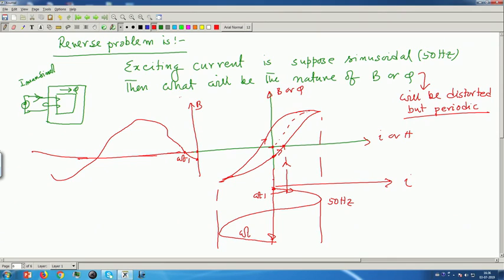Therefore, what will be the nature of B or phi? The answer is it will be distorted, but periodic.